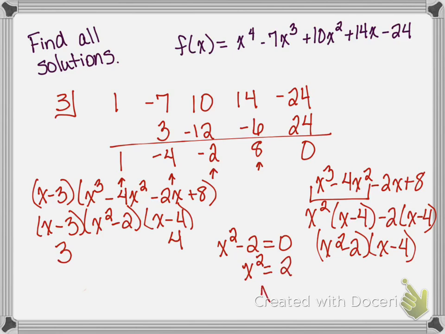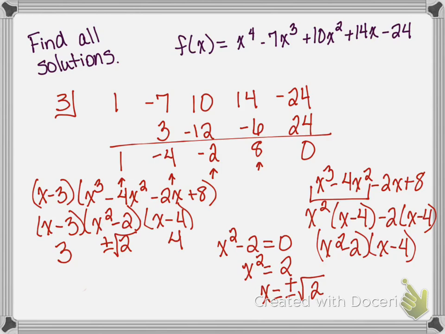So what does x equal? Plus or minus the square root of 2. So how many solutions do I have? 4. Because I've got positive square root of 2 and I have negative square root of 2.